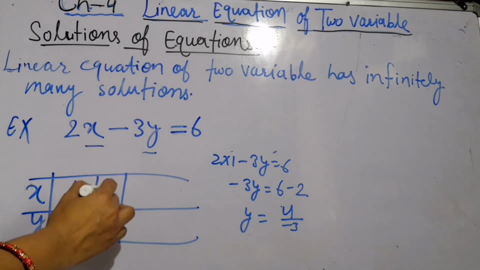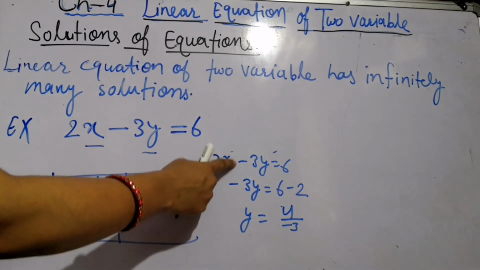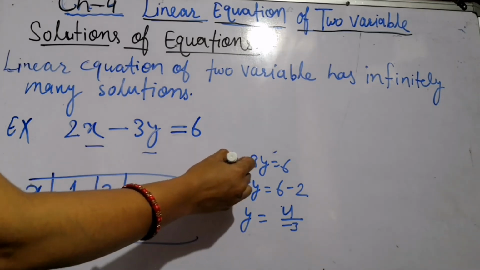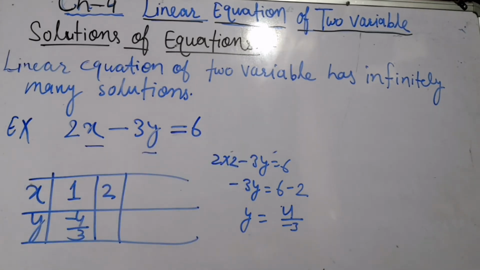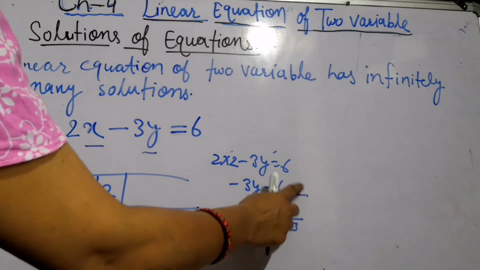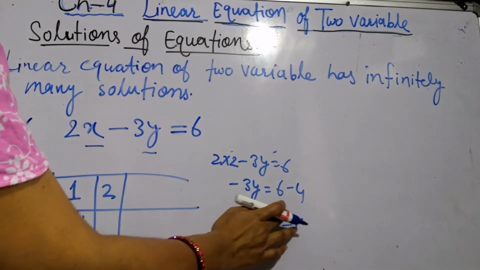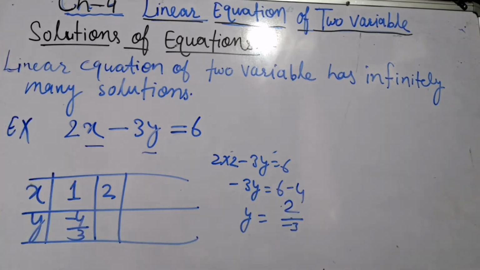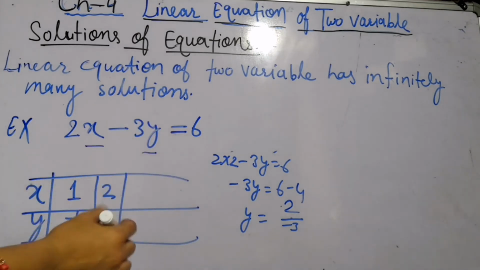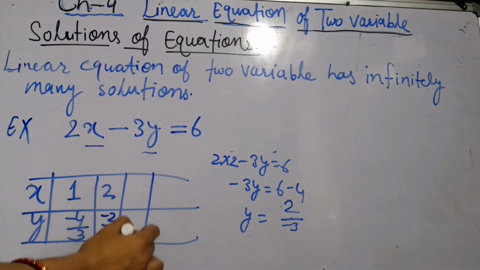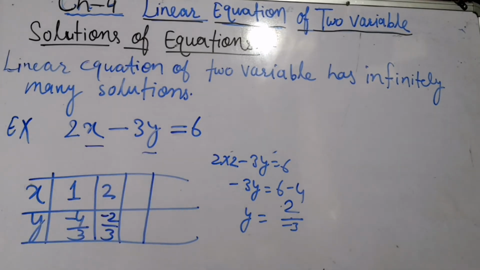Similarly, if x is equal to 2, then in the place of 1 you put 2. It would be 4 and this would be 2. This way we can write as many solutions as we want. For different values of x, we will get different values of y.